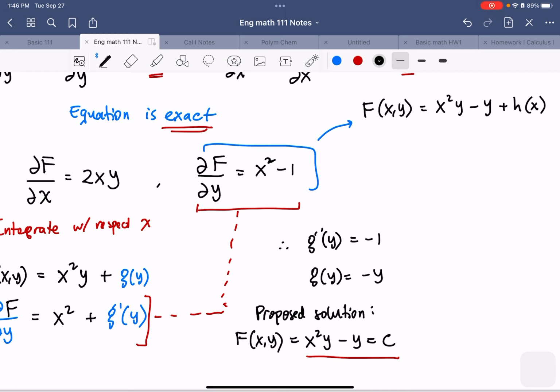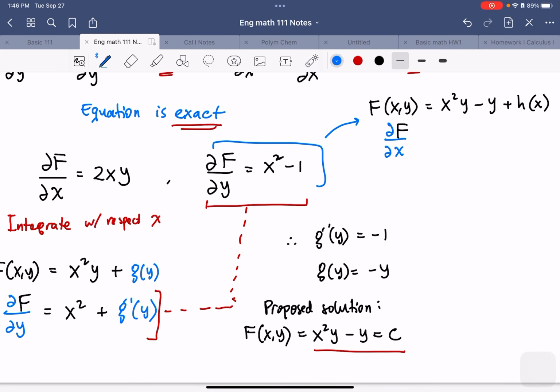And then when we differentiate, this will result in 2xy plus h prime x. And then this should be the same as partial f partial x, or M, which is 2xy. So the h prime x is 0.